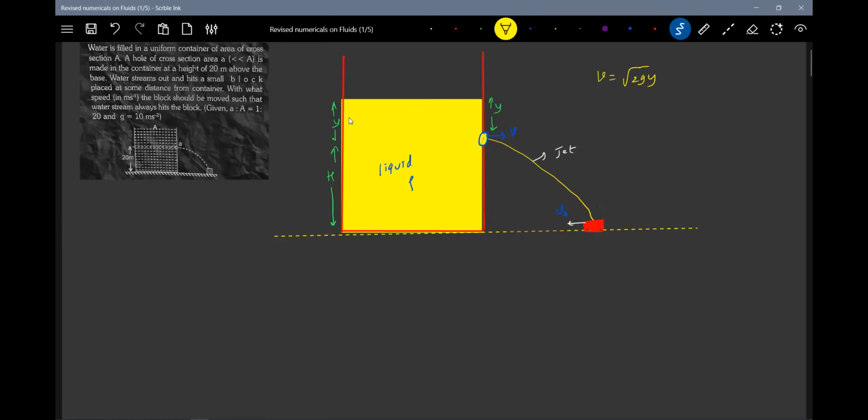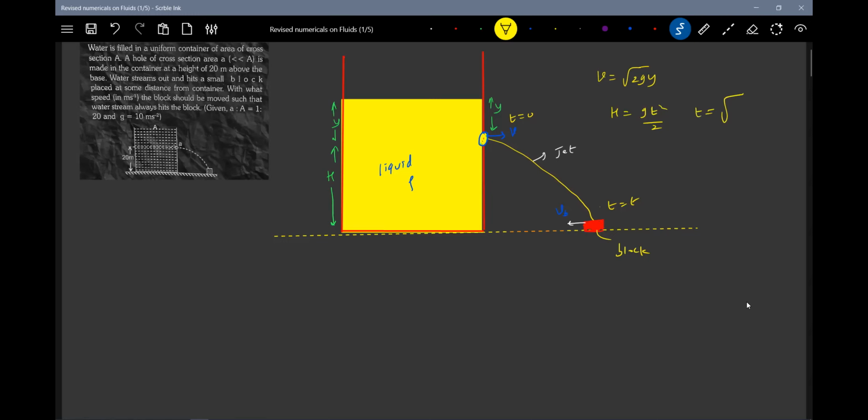Then at t equals 0, the liquid will be here. After some time t, it will go and strike the block. Okay, there's a block. Therefore, h equal to g t square by 2.